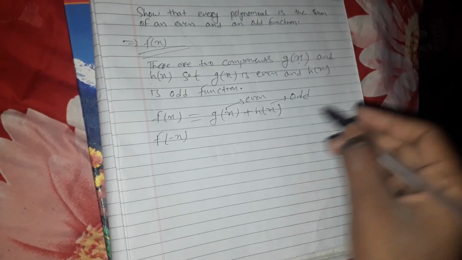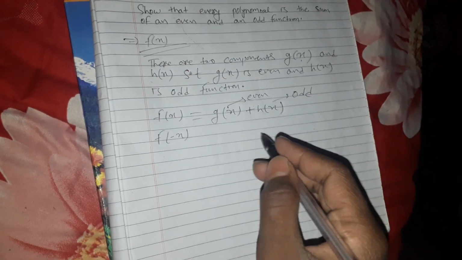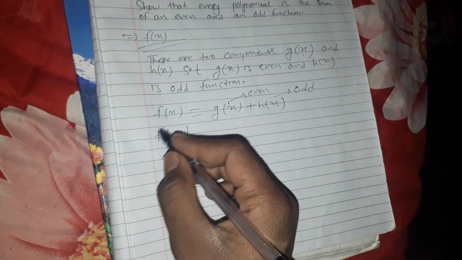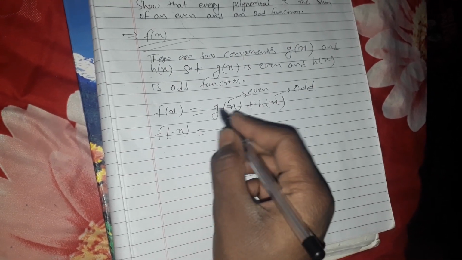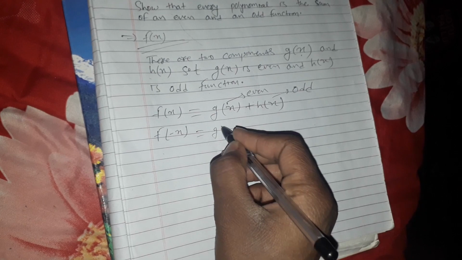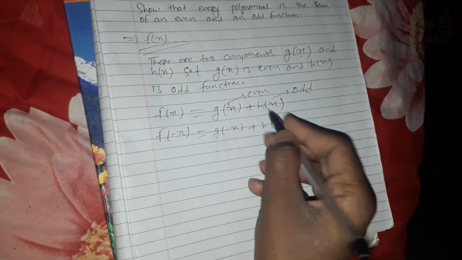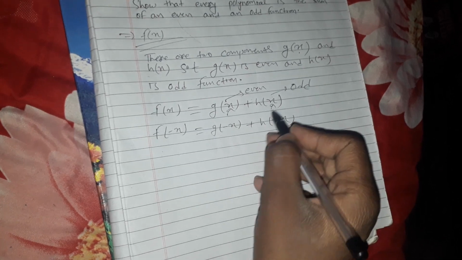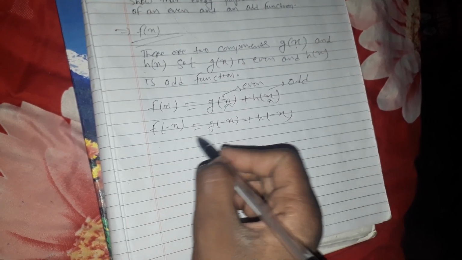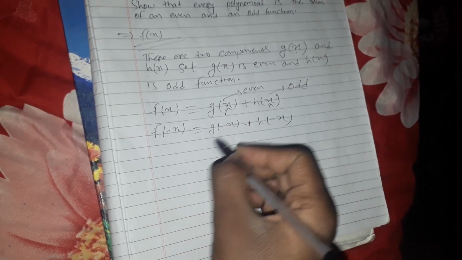If you don't know the definition, you can look for it. So f of minus x will be the same thing as g of minus x plus h of minus x, because these two are the parameters, and if you're going to compute f of minus x, you have to put minus in the parameters.